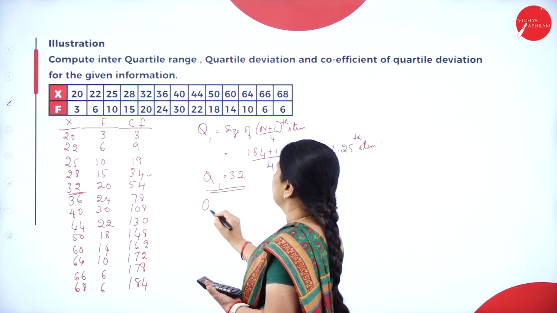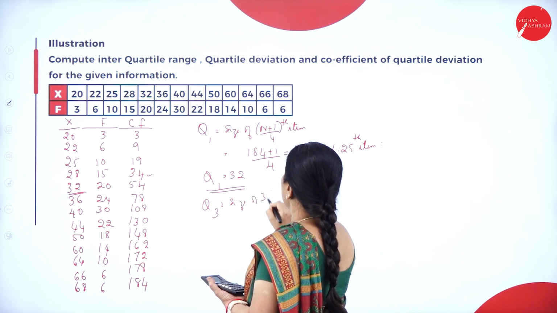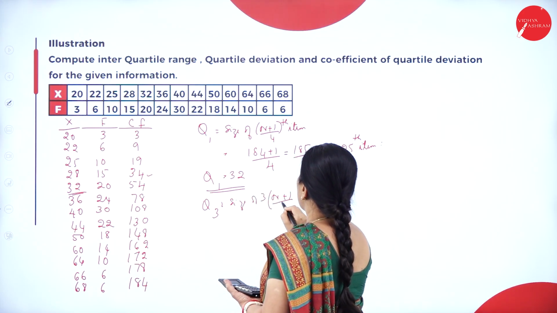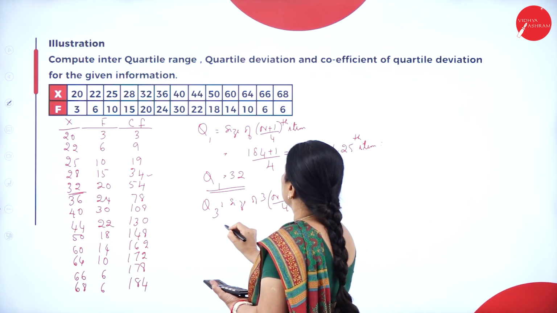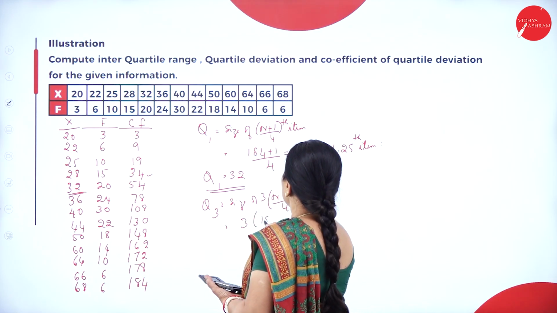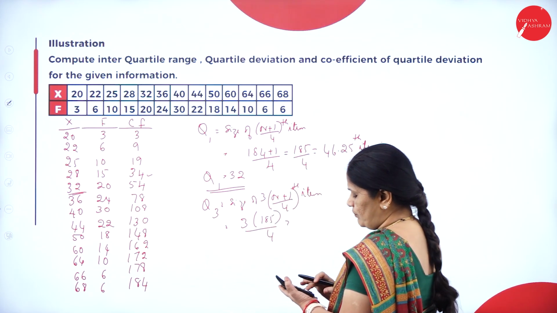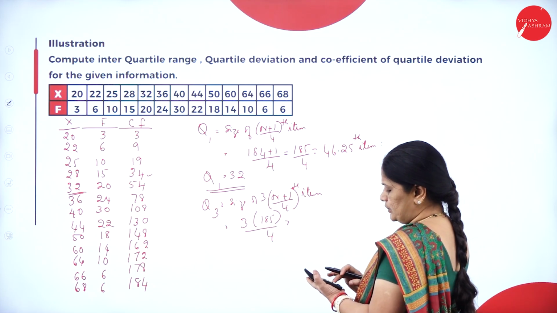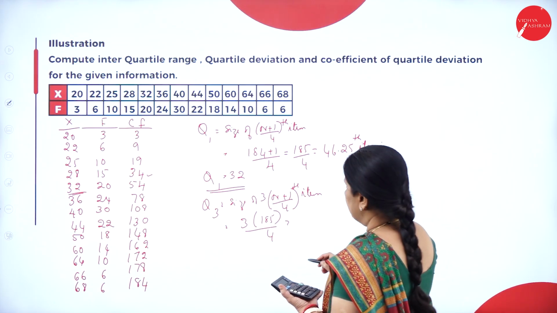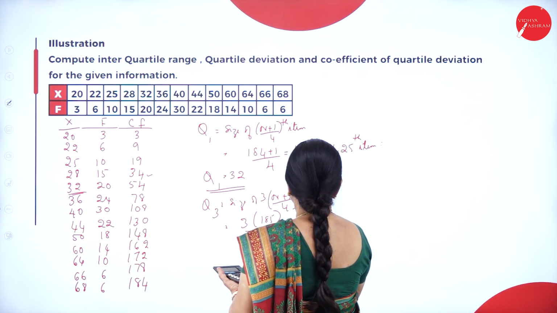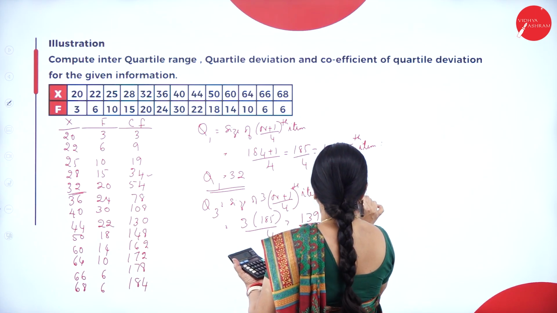Now we have to find out Q3. So Q3 will be equal to the size of the 3 into (n plus 1) by 4th item. So this will be equal to 3 into 185 divided by 4, which is 138.75.